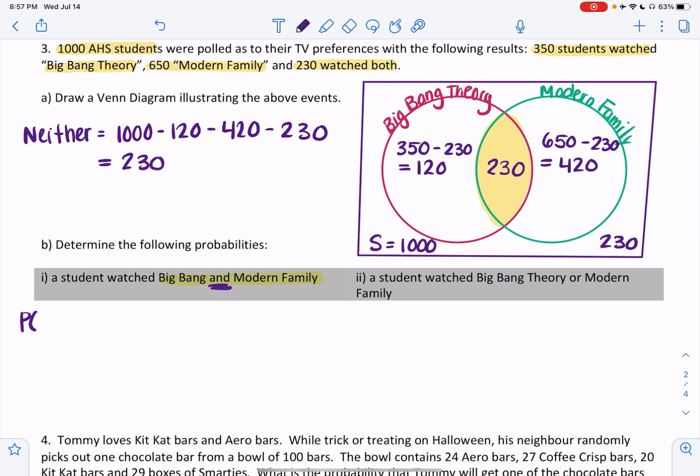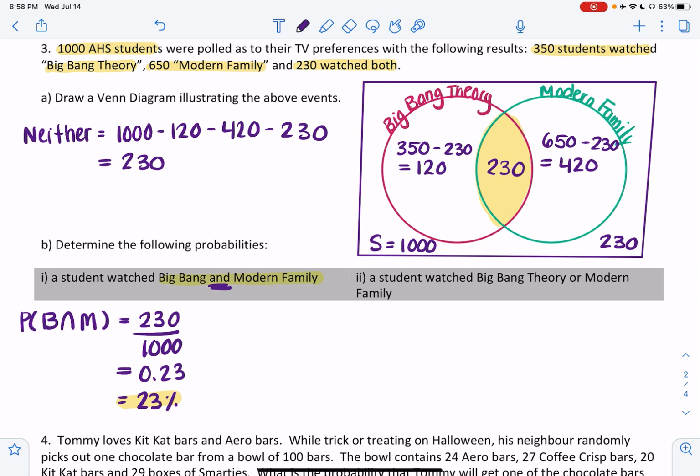So our probability of Big Bang and Modern Family will be 230 students out of 1,000, which will give us 0.23 or 23%. So that's our middle bit there, the ones who are watching Big Bang Theory and Modern Family.